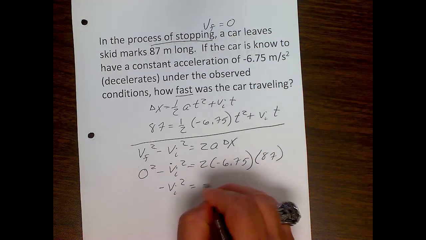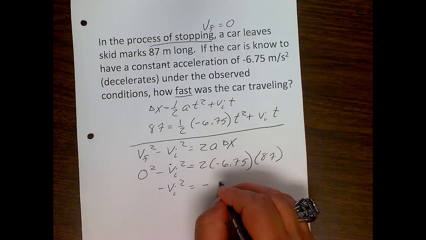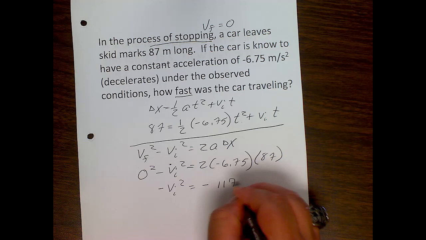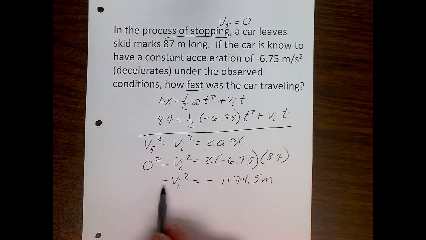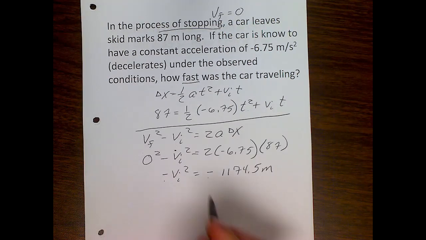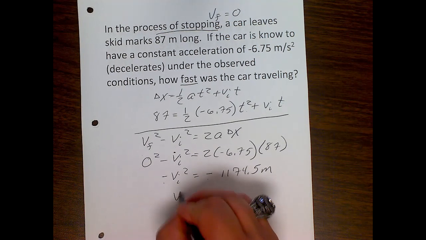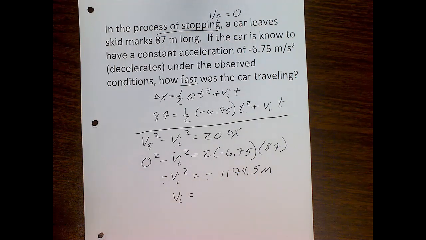It's equal to a negative 1,174.5. Now you want negatives on both sides, otherwise you end up with imaginary or complex answers, and we don't typically expect to have that for a distance.